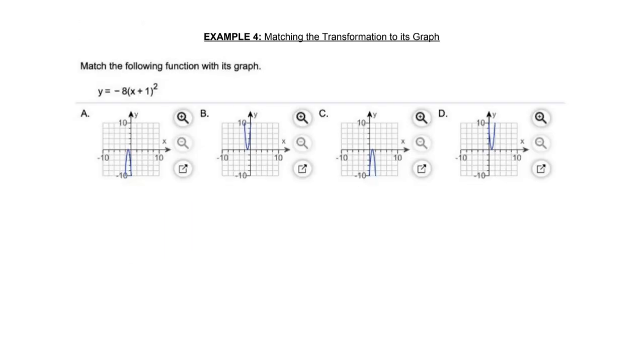All right, so again, your A is -8. So -8 tells us that it's a reflection across the x-axis, with a vertical stretch of factor 8.